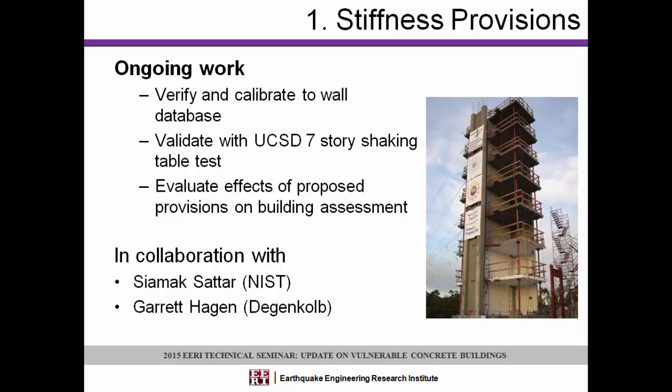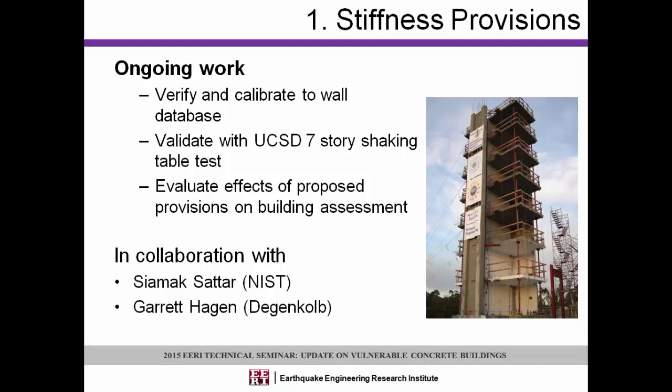And we also are looking at what are the effects of changing the stiffness of your building from 0.5 EI gross to 0.15 EI gross, and your linear analysis procedures especially. And what we found is it doesn't make a big difference on the force, but it does make a very big difference on the deformation in your analysis. So this is something that we looked at, and this is now in the ballot.